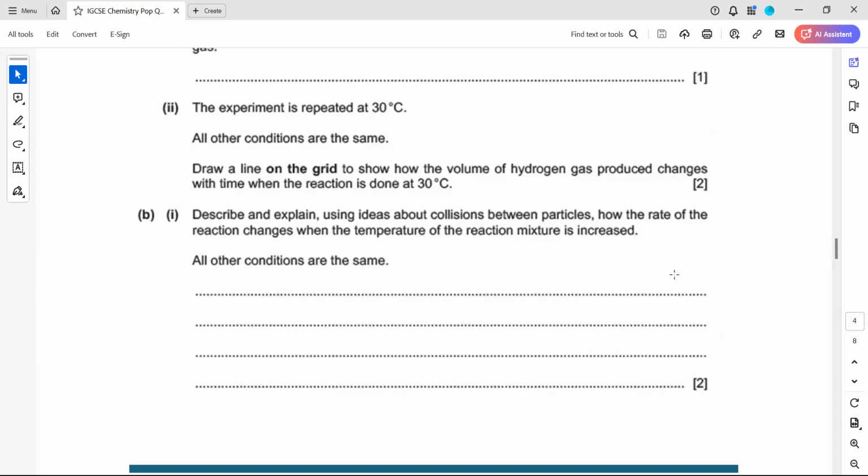Describe and explain, using the idea about the collision between the particles, how the rate of a reaction changes when the temperature of a reaction mixture increases.